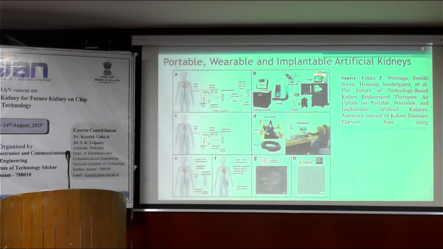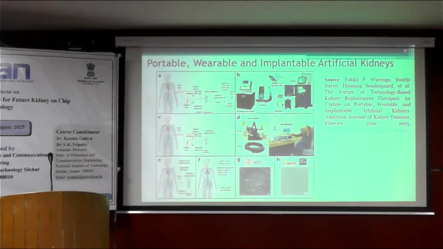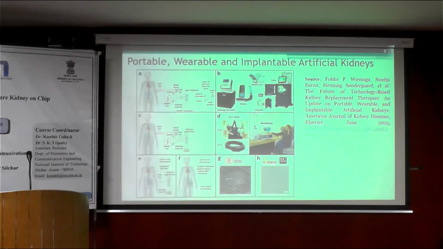For that particular reason, the development of portable devices is required, and usually these portable devices are divided into two generations. The first generation was more or less bulky, not as big as the conventional hemodialysis apparatus that you can see in the hemodialysis center, but it usually weighed about 10 to 15 kilograms.